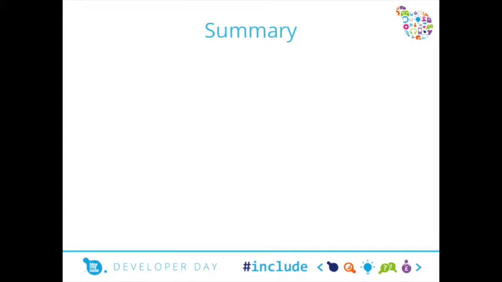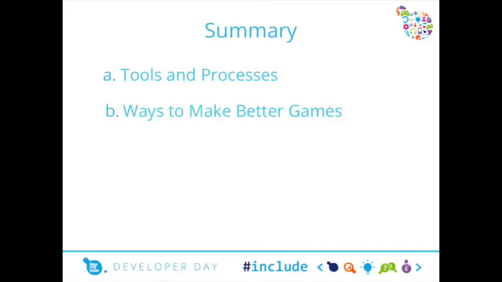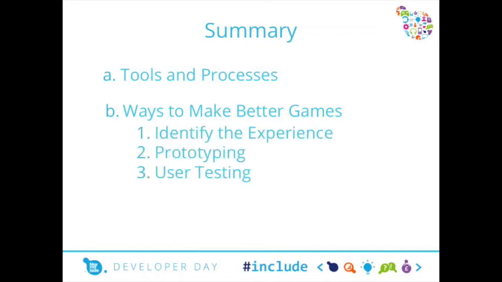So to summarize, there's a whole bunch of different tools and techniques and processes that you can use. I've given you a quick overview of some of ours, but picking whatever ones work well for your team and project is key. And the ways to make better games that we've looked at are identifying the experience, prototyping, user testing, and polishing.